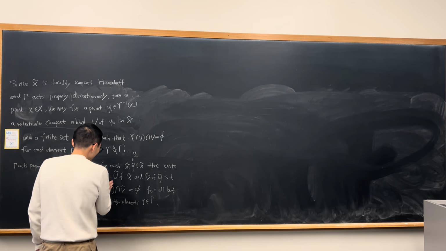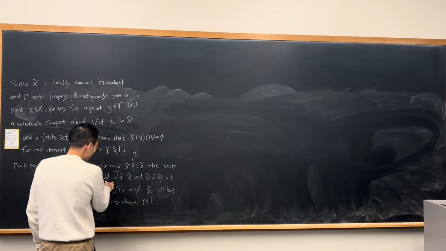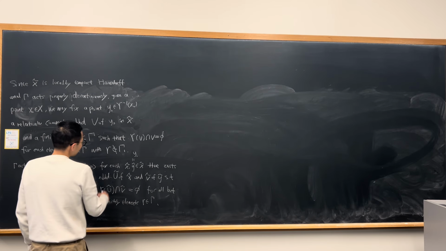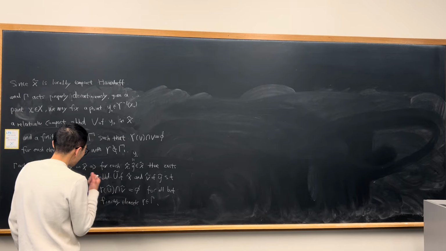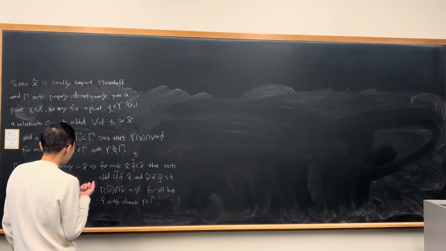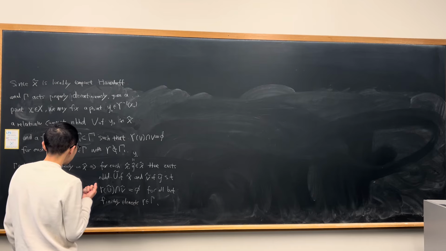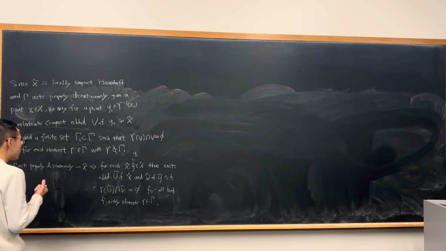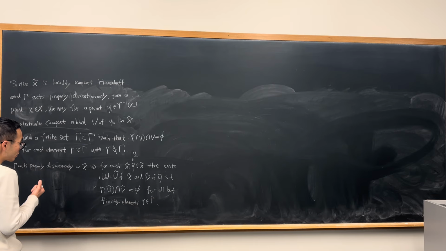Then there is a neighborhood u tilde of x tilde and v tilde of y tilde. I think here you can just replace this u tilde by u tilde intersect v tilde, right?